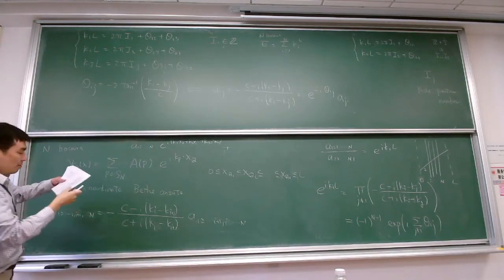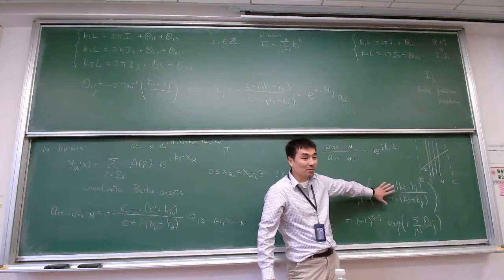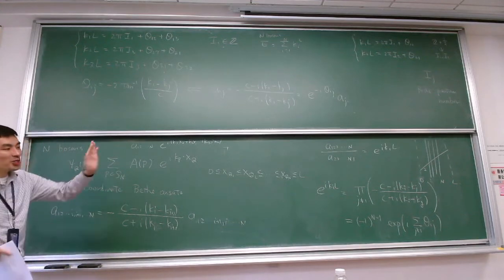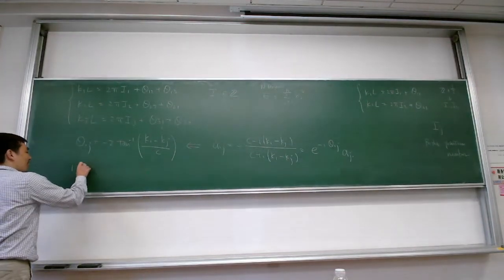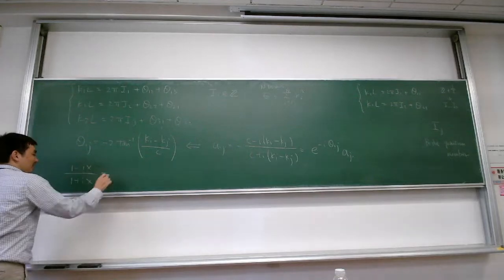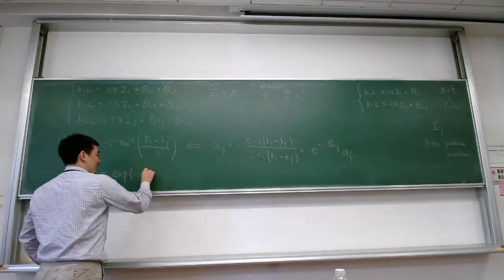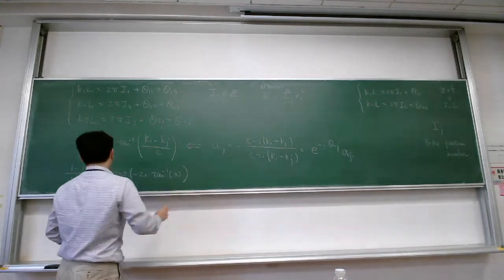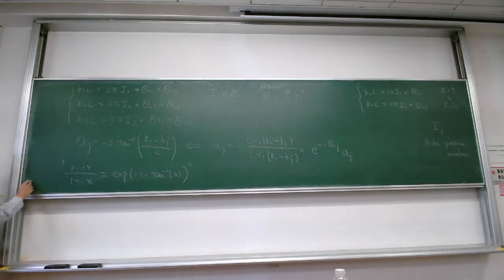So as I mentioned, to get this direction you need to take a log of this one. To solve this coordinate Bethe Ansatz equation, you always have to use this relation: 1 minus ix, 1 plus ix, and the inverse tangent of x. You can derive this one.